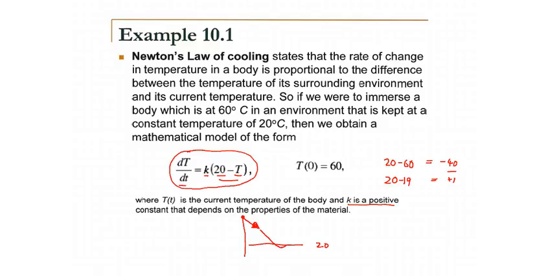So the equation is telling us that the system will drive such that there's no real reason for it to drop below 20. It will drop from 60 centigrade and then hit 20 centigrade. That's the problem we're setting up here.